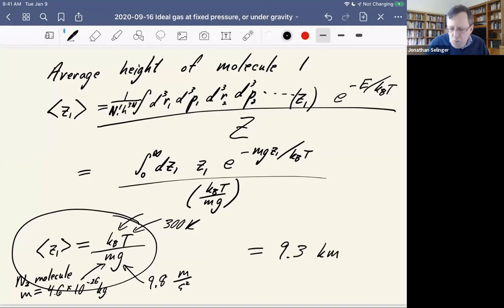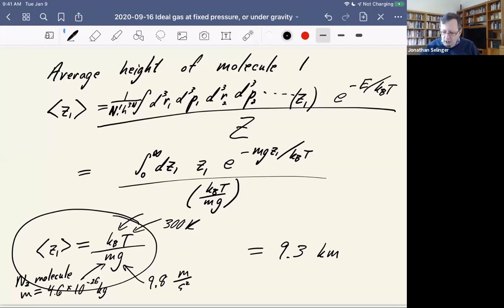So that's kind of reasonable for the average height of a molecule in the Earth's atmosphere. It's what atmospheric scientists call the thickness of the troposphere, the lower part of the atmosphere.